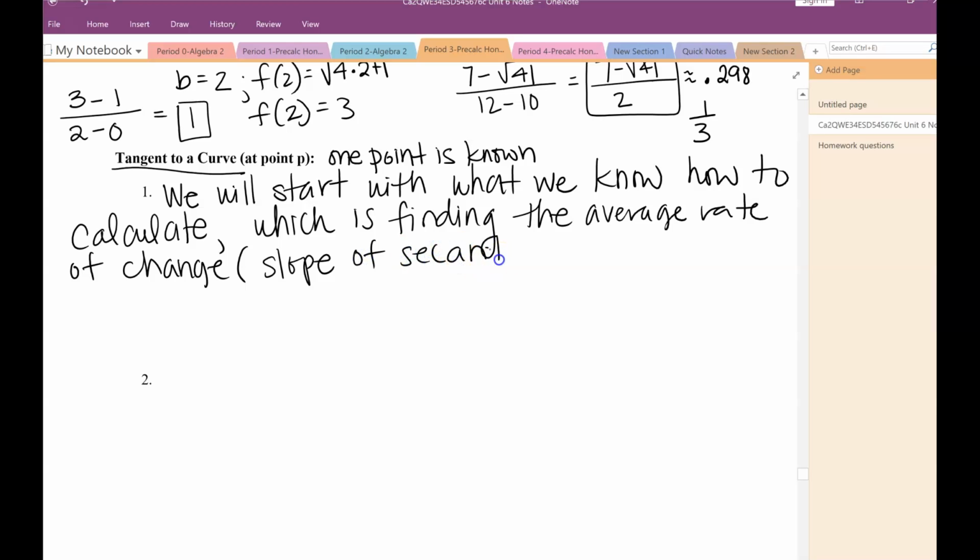That means how many points will you need? 2, okay? But you were given 1.